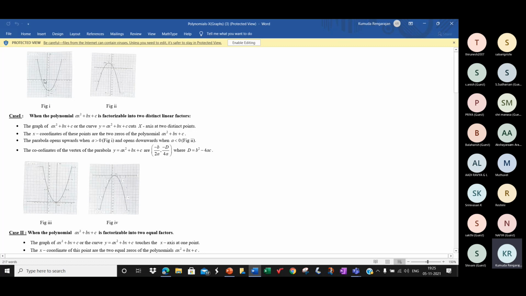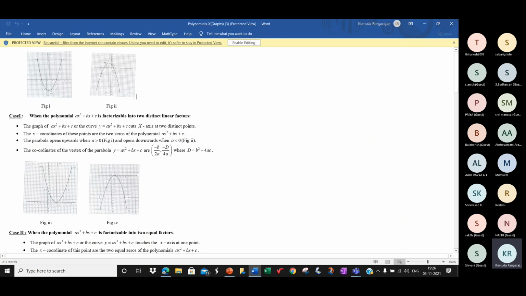So see here, the parabola opens upwards. In figure 1, it opens upwards, which means in the polynomial, the value of a is greater than 0. Who is a? The coefficient of x squared. We know that a cannot be 0, children, because if a is 0, then it ceases to be a quadratic polynomial.